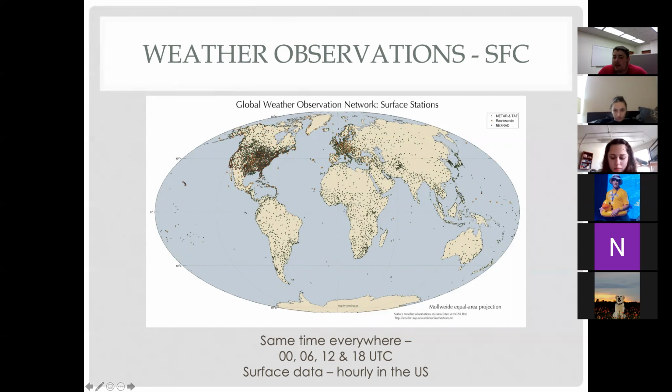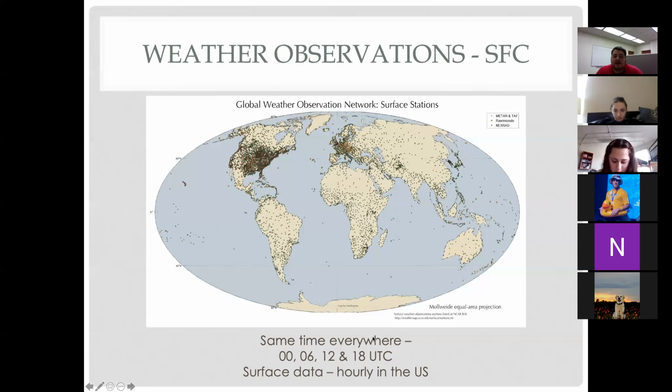So whenever you were doing the activity last week and you had to pull up a surface plot, all the different stations that you saw are represented by these dots, and there are different types of them: the METAR and TAF surface stations, and then there's NEXRAD, and there's also radiosonde points, which we'll talk about a little bit later on too. But as you can see, there's a whole bunch of these in North America, so there's a ton of data that we work with.